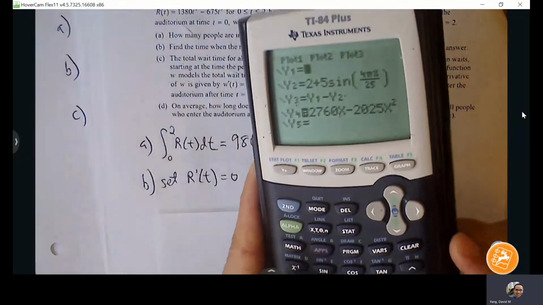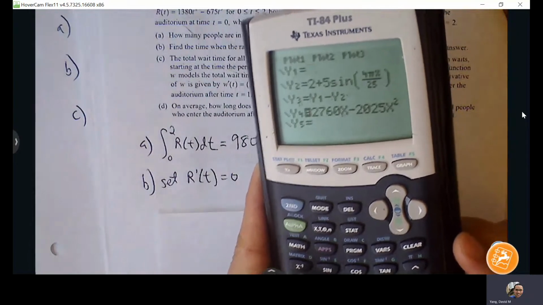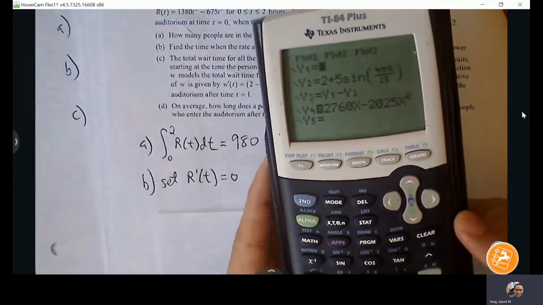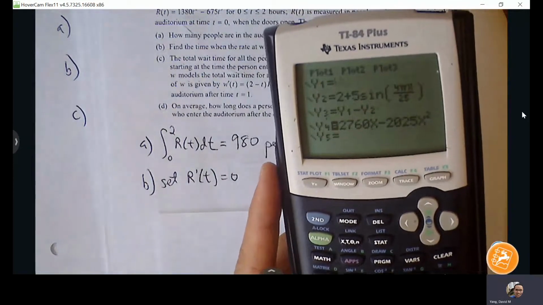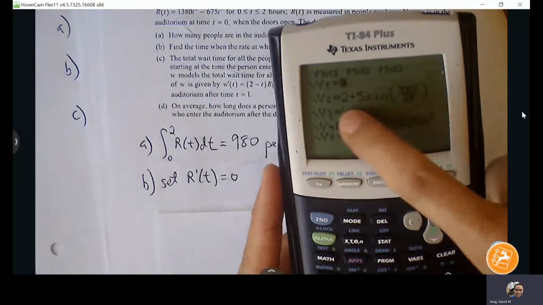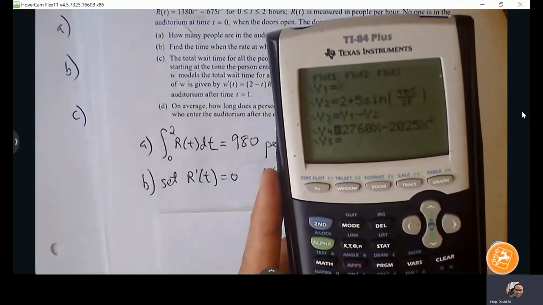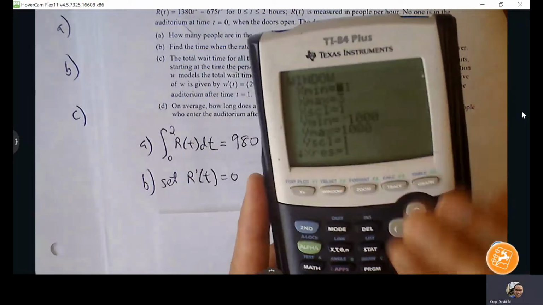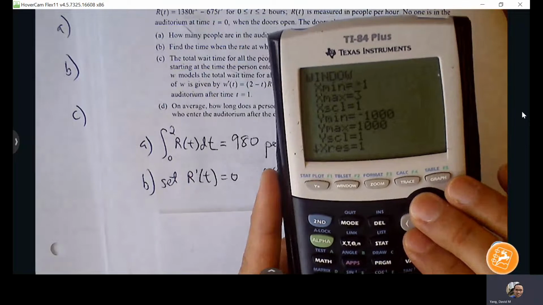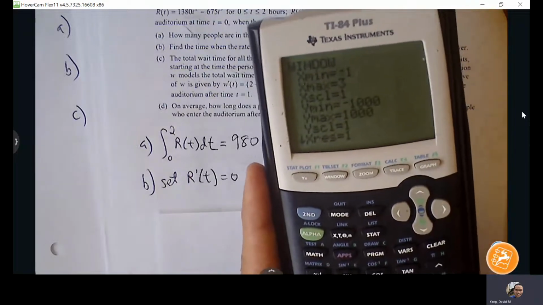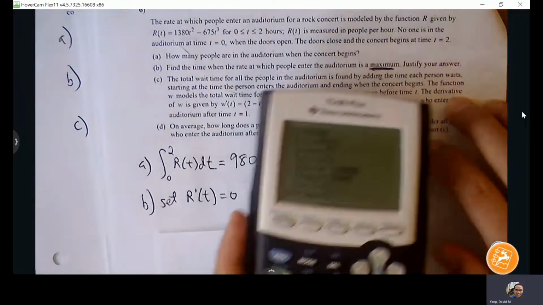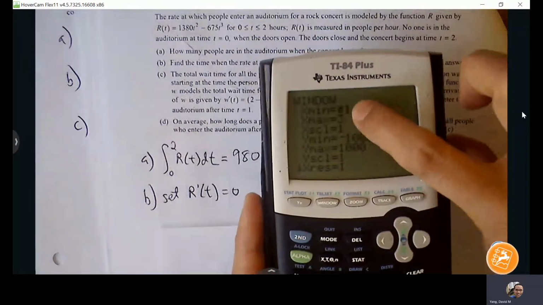Under Y equals, I entered 2760x minus 2025x squared. I just did power rule for those terms, set equal to 0. I only want to graph what I have here, so I made sure any previous ones were unhighlighted. For the window, I know my x values are only between 0 and 2, so I just did from -1 to 3.